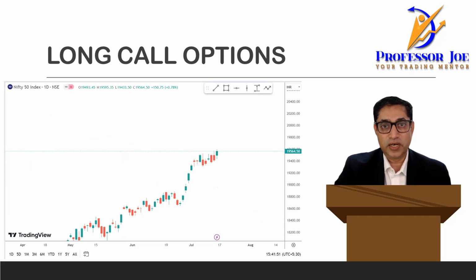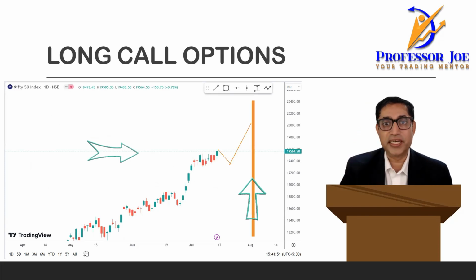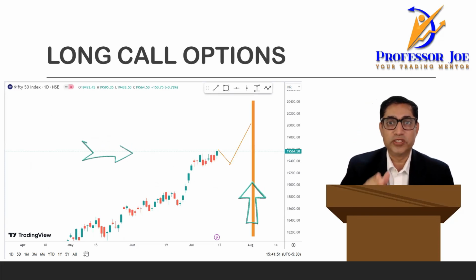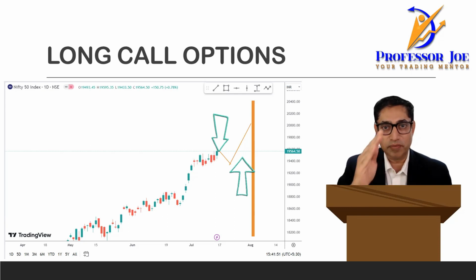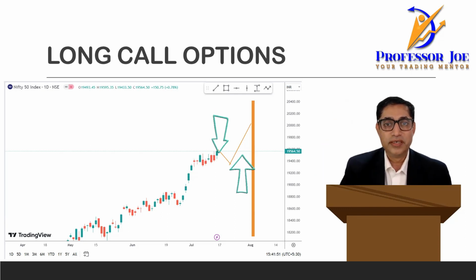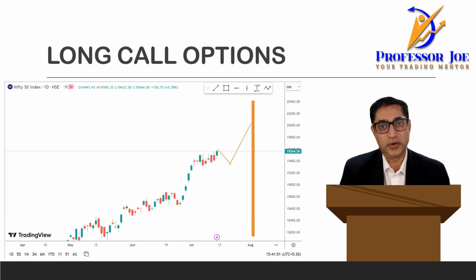For example, this is how the price of Nifty looks. It is around 19,550. If this orange vertical line is your expiry date, and you assume that the price is going to move a little bit down and then go straight up, then a long call option is a perfect option to enter.